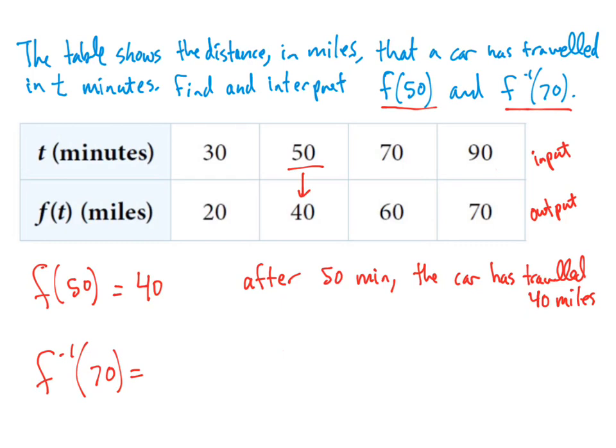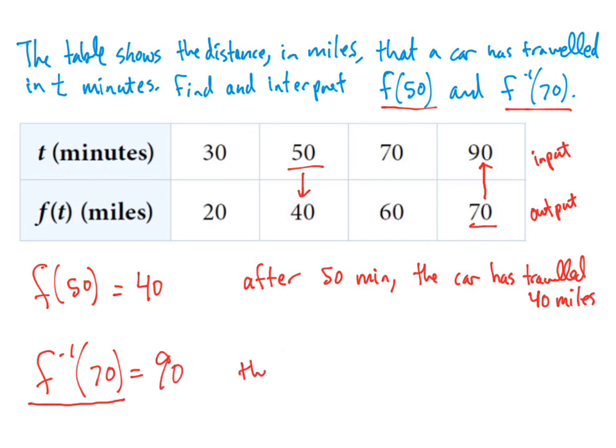So we were inputting a number of minutes, we were getting out the number of miles. When we're talking about the inverse function, we're starting with the output, and we're going to see what that input is. So f inverse of 70 is saying, if the car has gone 70 miles, how many minutes has that been? And that would be 90.